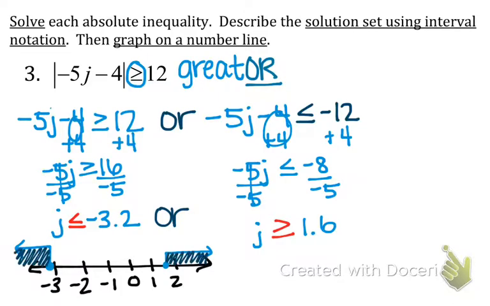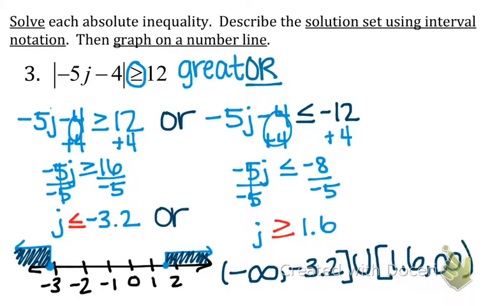So my solution consists of both of these sets. Now when I write my interval notation, I need to join those two sets starting from left to right: negative infinity to negative 3.2, and close it off with a bracket because it's less than or equal to. And then finally the union, joining with the right side, starting at 1.6 and going to positive infinity.